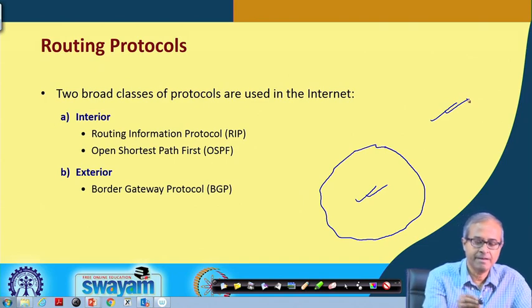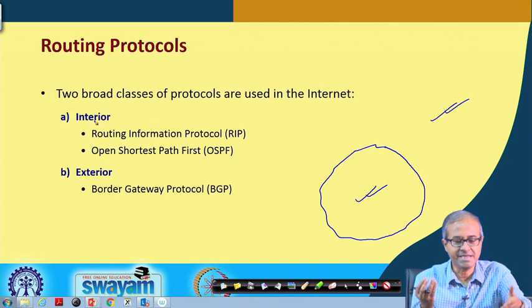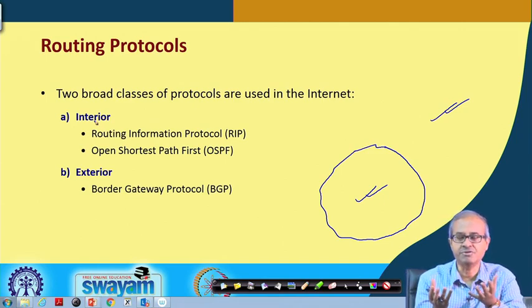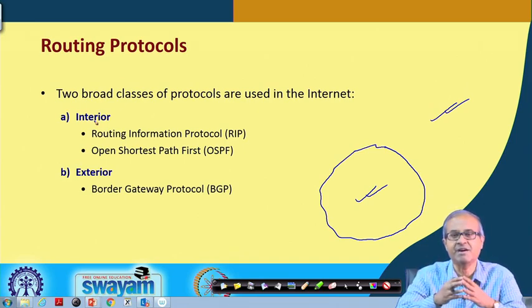Now, interior means these protocols are used for routers to communicate among themselves. Multiple routers communicate using these protocols for updating their routing tables.